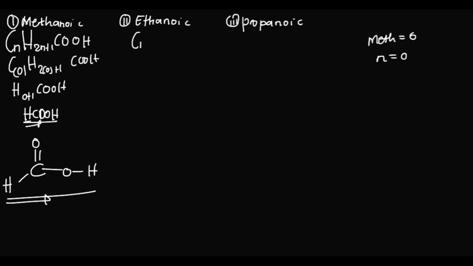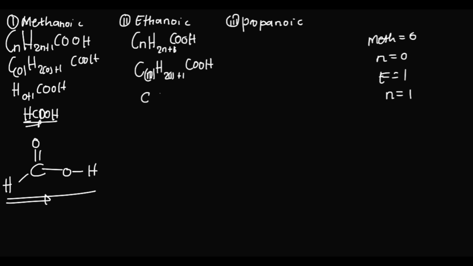So begin with the formula. This time ethanoic is on position number 1, so n is equal to 1. So C times 1 is C. 2 times 1 is just 2 plus 1.